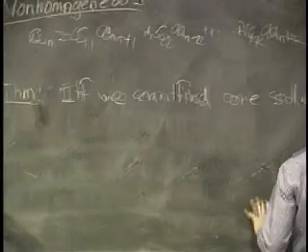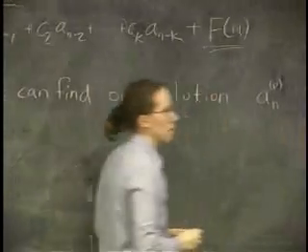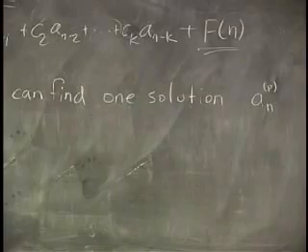So if we can find one solution, we'll call it a sub n with a little p up here. That means it's a particular solution.